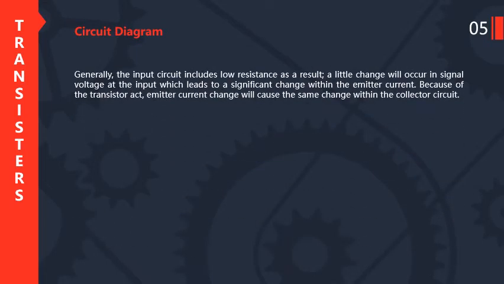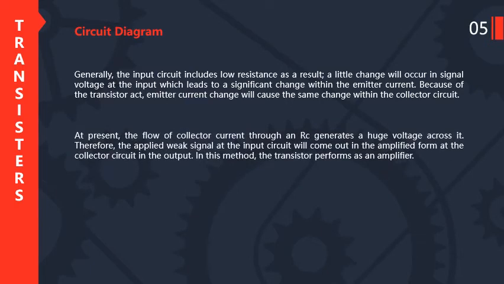Generally, the input circuit includes low resistance. As a result, a little change in signal voltage at the input leads to a significant change in the emitter current. Because of the transistor action, the emitter current change will cause the same change in the collector circuit.